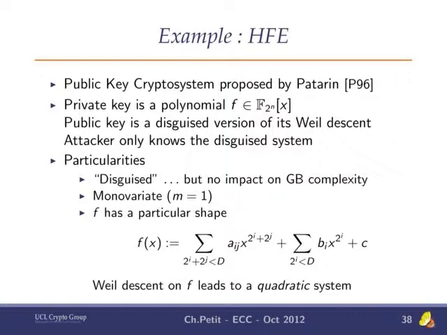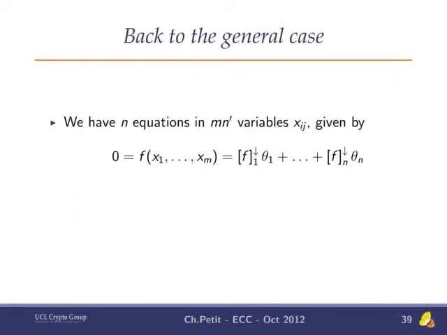Also, these polynomials are very special. They only have exponents with Hamming weight 2. So the system that you get is a quadratic system. Okay. So HFE has been well studied, and we have a lot of results about it. We'll see that our analysis somehow generalizes those results. Okay, so back to the general case.